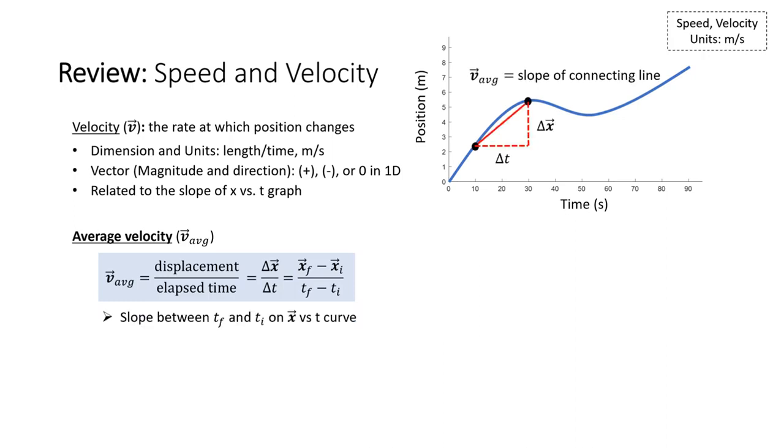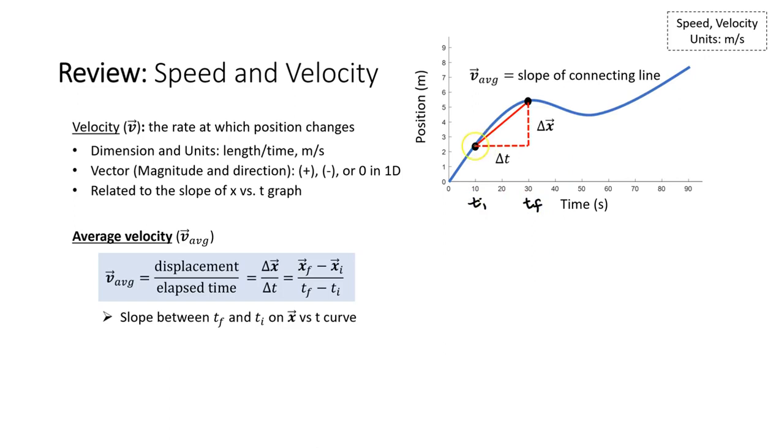And this exactly corresponded to the slope of a line connecting two points on a position versus time graph, the two points that correspond to t initial and t final. So if I look at my graph at the top of the screen here, my t initial would be here at about 10 seconds, and t final would be over here at 30 seconds.